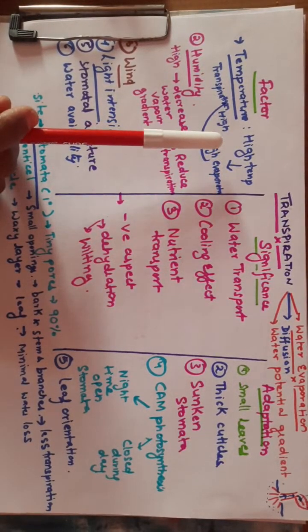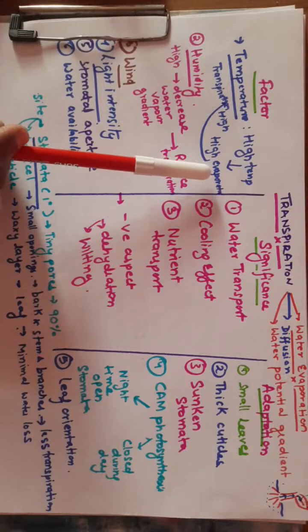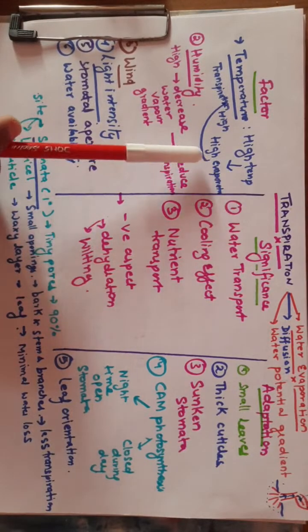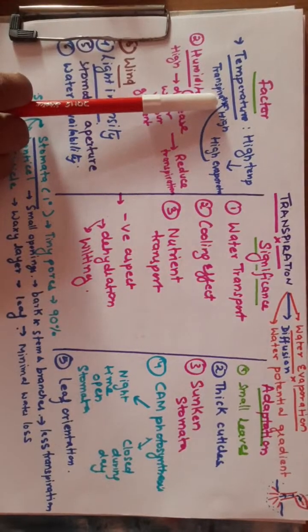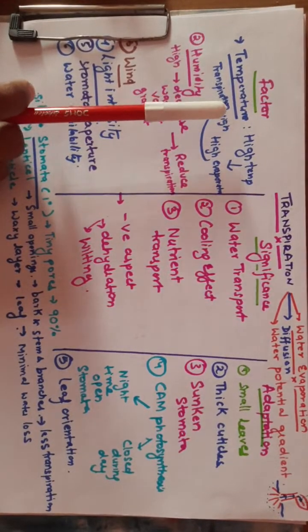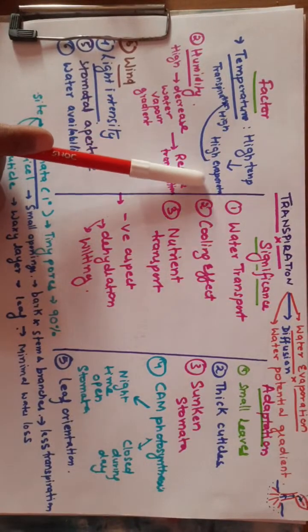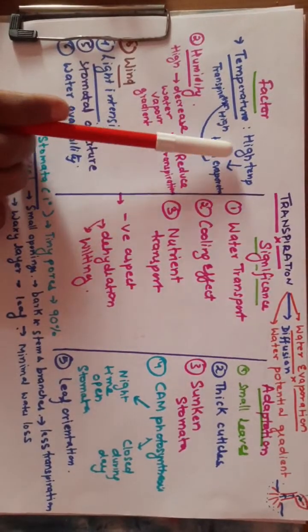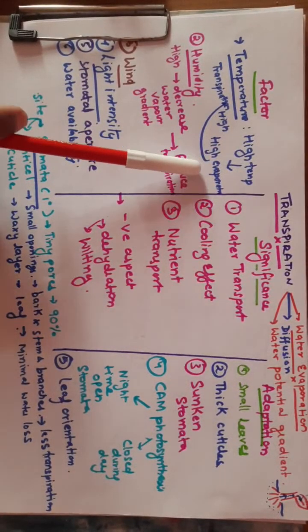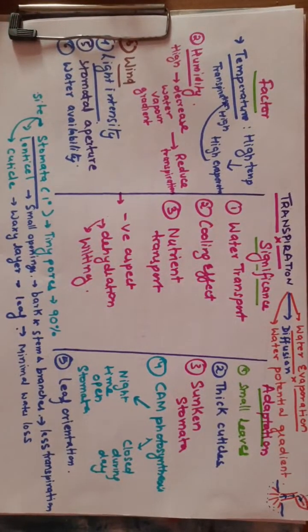Due to the high temperature, the water inside the leaf will just evaporate in the form of water vapor. So high temperature leads to high evaporation, and high evaporation leads to high transpiration, because transpiration is just the evaporation of water in the form of vapor from the plant. This is the first factor.